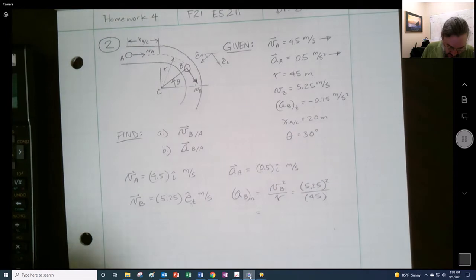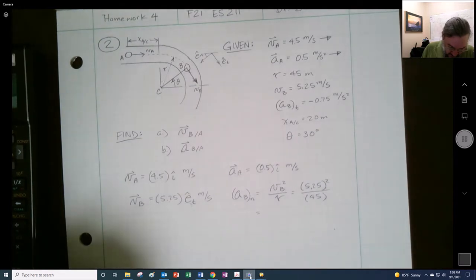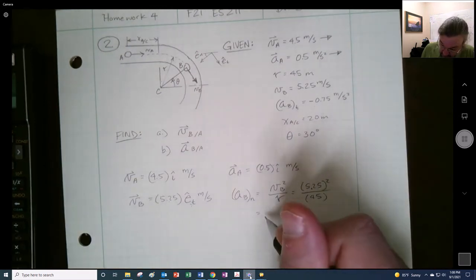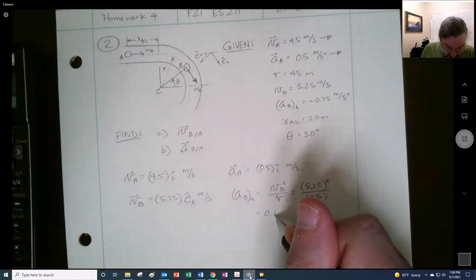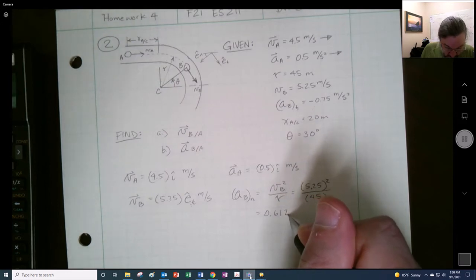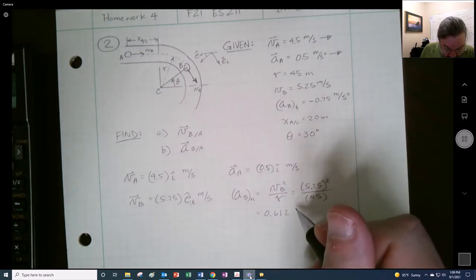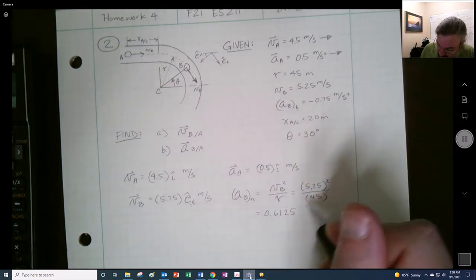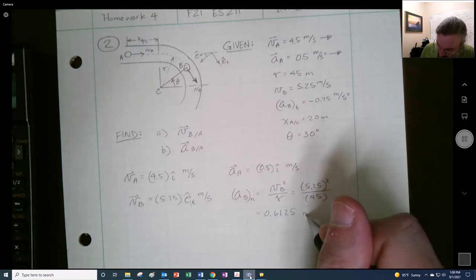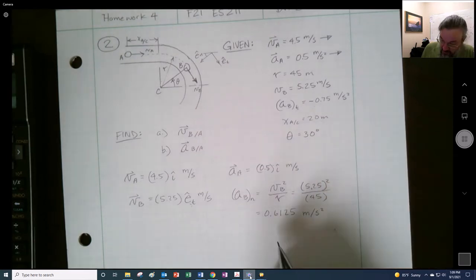We would find 0.6125. Is that correct? I think I did that right. It's a pretty small number, so I might want to double check it, but I think it's correct. And that's in the normal direction.